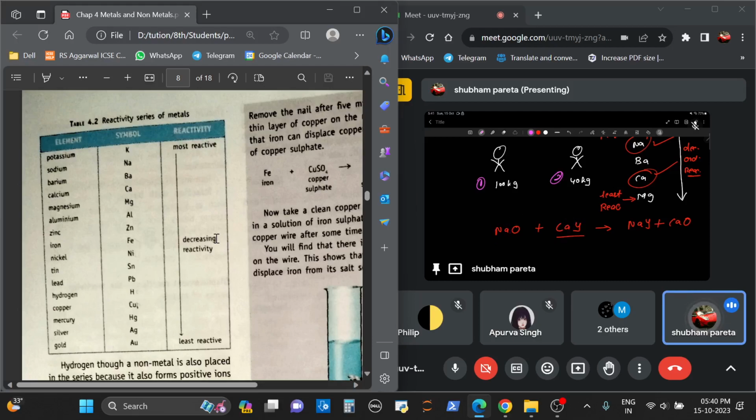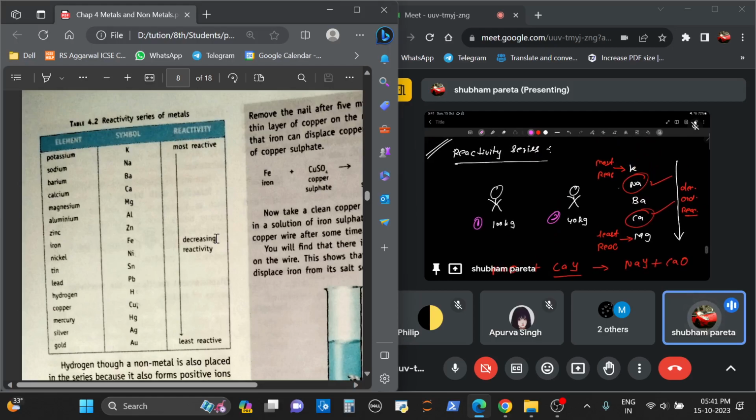This is because Na is at the top and Ca is at the bottom, so this reaction is possible.